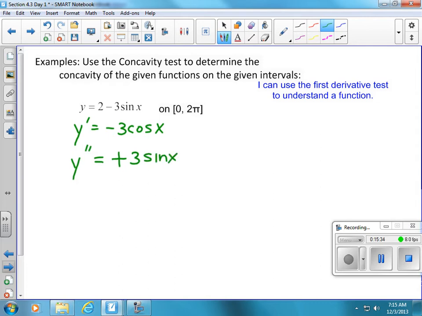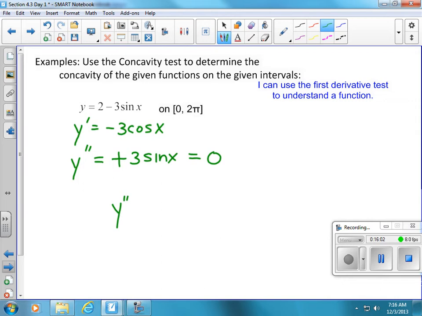All right, so we are going to check the second derivative. First thing, we're going to set this equal to 0 to figure out what intervals the second derivative might change. Wherever this is equal to 0, it's probably going to change signs.